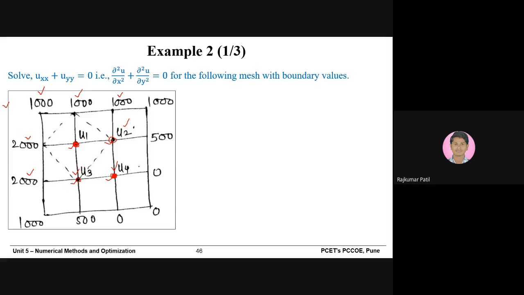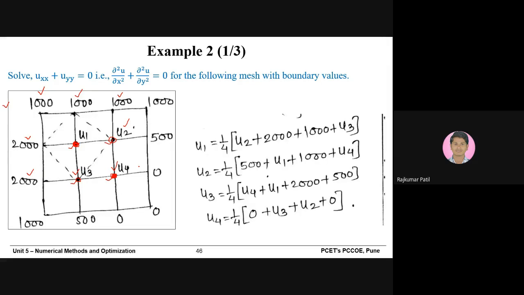But in this problem, that is not the situation. So what do we need to do? We need to apply only the standard 5-point formula and prepare equations for u1, u2, u3, u4.